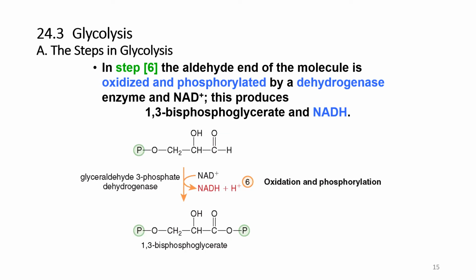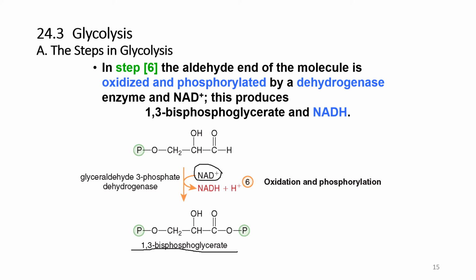In step 6, we're going to oxidize and phosphorylate that glyceraldehyde 3-phosphate. So now we have 1,3-bisphosphoglycerate, and here's the oxidation reduction. This is again the oxidized form, NAD+, so it's reduced.